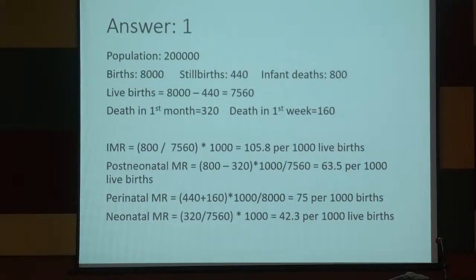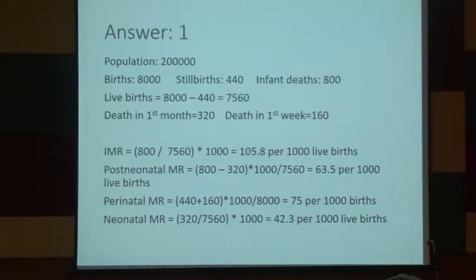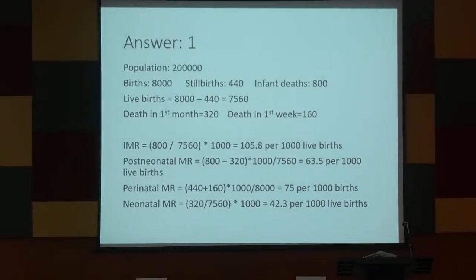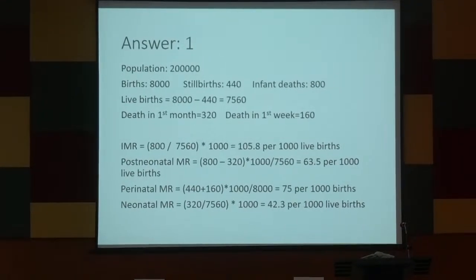Next is perinatal mortality. Now in perinatal mortality, what is there? Perinatal mortality is number of fetal deaths, meaning those who died in the womb after 28 weeks of viability, plus those who died in the first week of life.